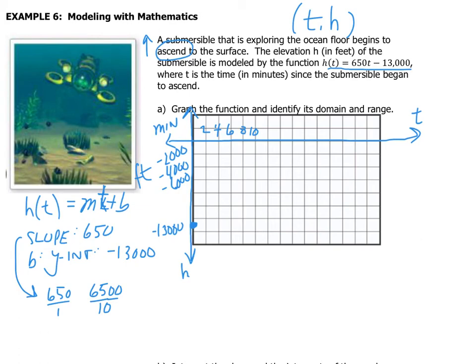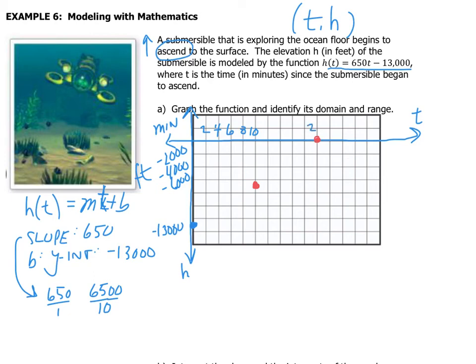So again, if I was to go from that initial way down here, if I went up 6,500 and then over 10, I can plot a point, which would be about right there. And again, if I did another up 6,500 over 10, I would land right here.